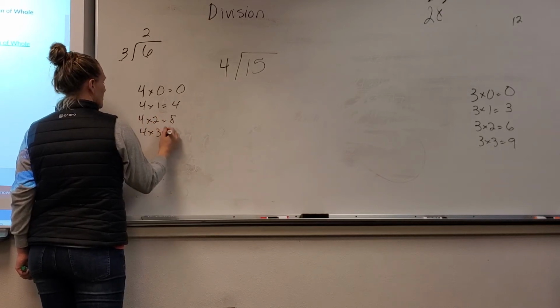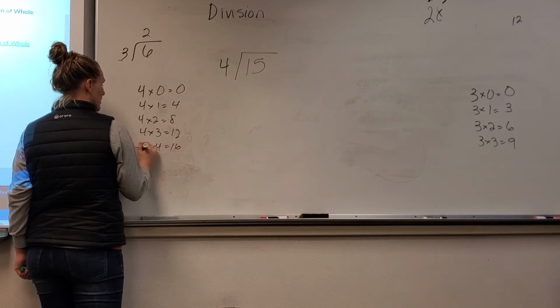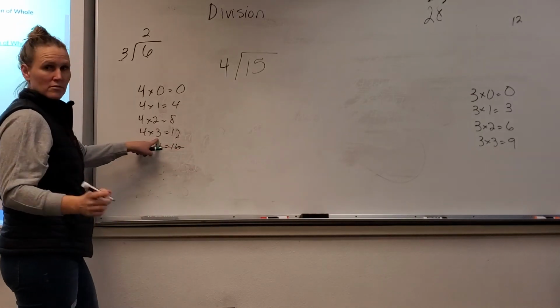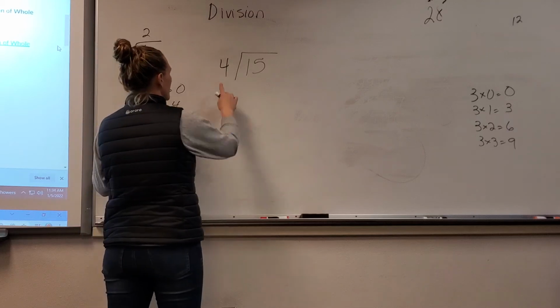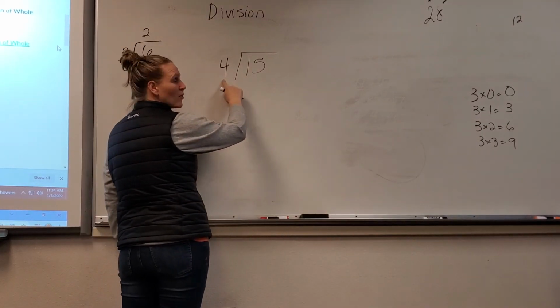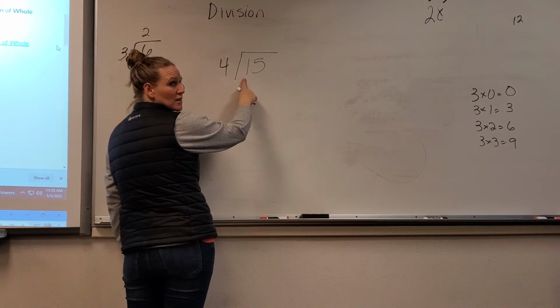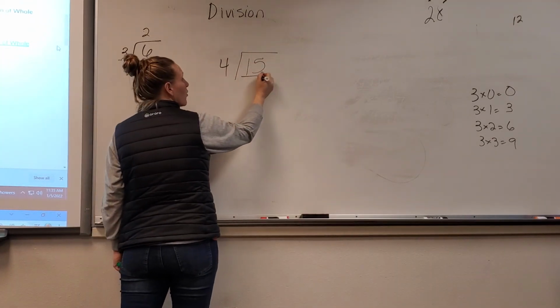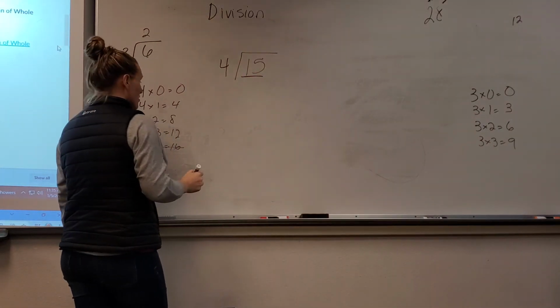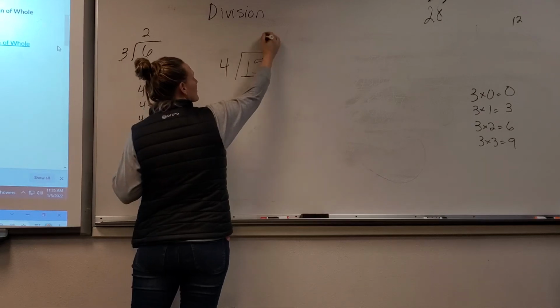Four times 3 equals 12. 4 times 4 equals 16. So that's too big. So 3 times. Now here's the kicker. I can't take 4 and multiply by something and get 1. I can't do it. I have to look at the whole number 15. So that means I put my answer above the 5.